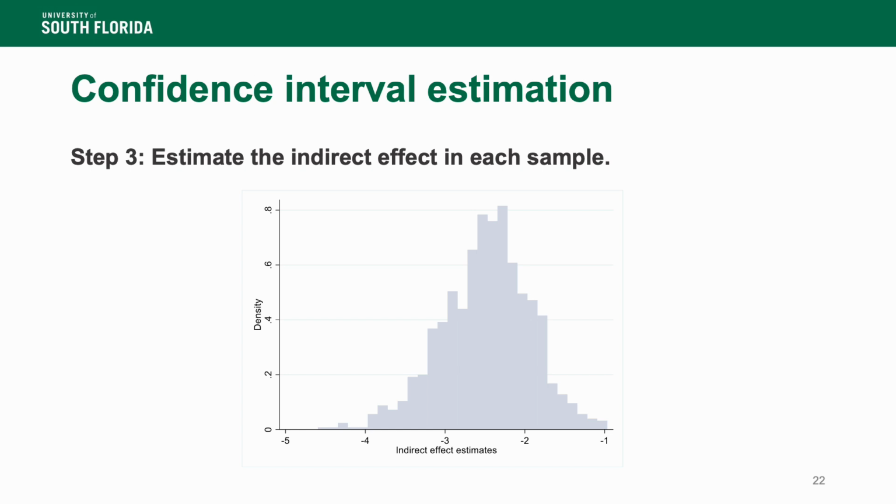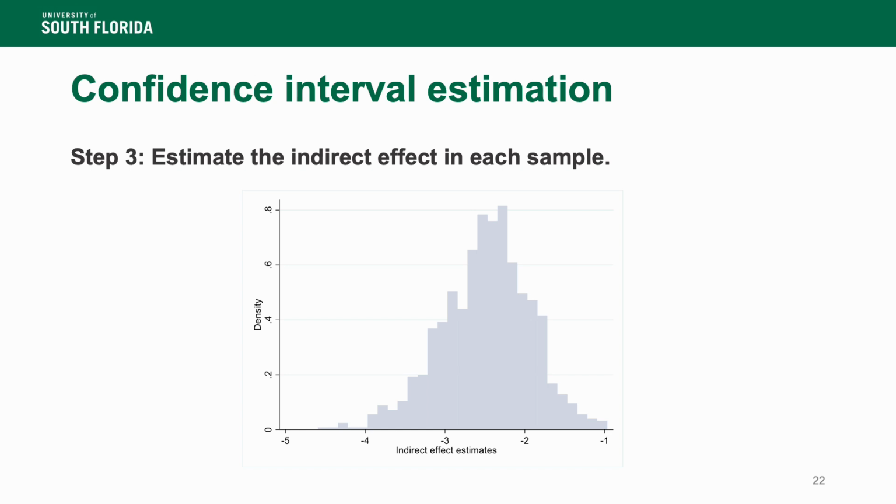In the second step, we've estimated those regression coefficients, and we can now use them to estimate the indirect effect in each of the samples. We can estimate the indirect effect either as A times B, the product of coefficients method, or as C minus C prime, the difference in coefficients method.